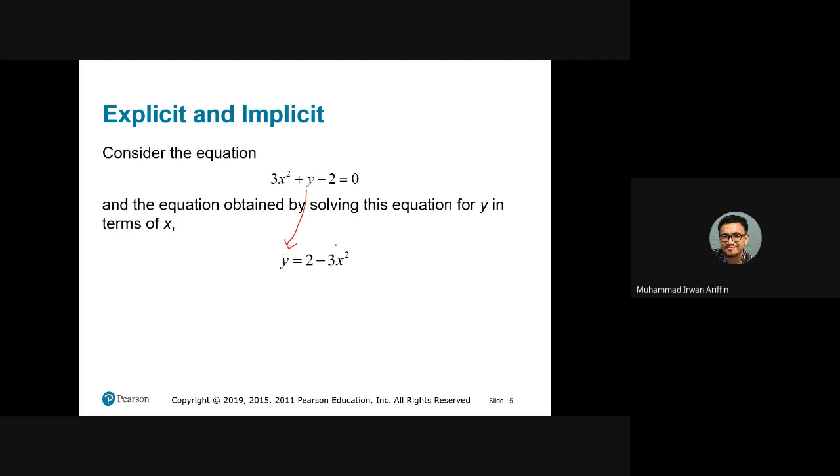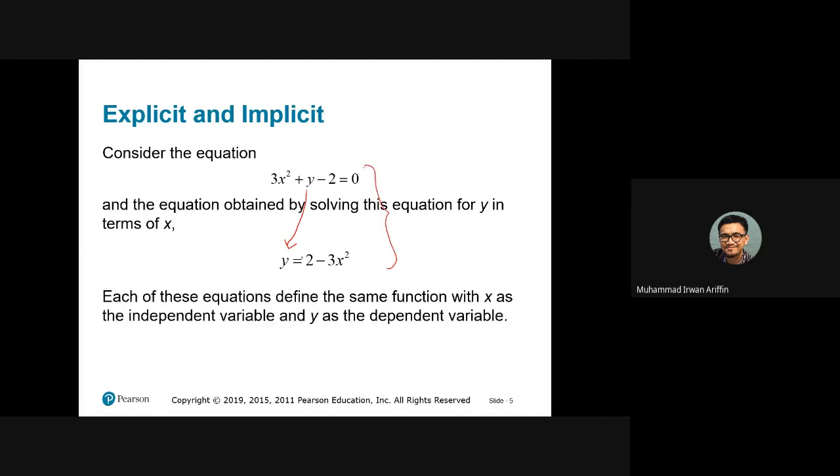You should be able to see that these two equations are the same, the same function. It's just that in the second way, when we write it like this, we have defined y to be the dependent variable.